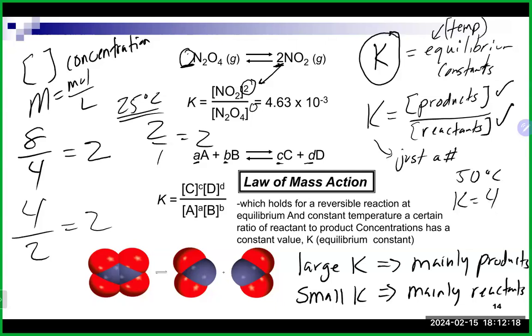And what that means is the comparison of what the equilibrium constant is at 25 degrees to what it will be at 50 degrees, they will be different numbers. But if I did 4 more experiments at 50 degrees and I kept them all different amounts of starting materials, ending materials, all 4 of those experiments that I do, the K value should end up at what number in my example? 4, yeah? So we'll stay at 4 as long as you keep it at 50 degrees and do a bunch of experiments.